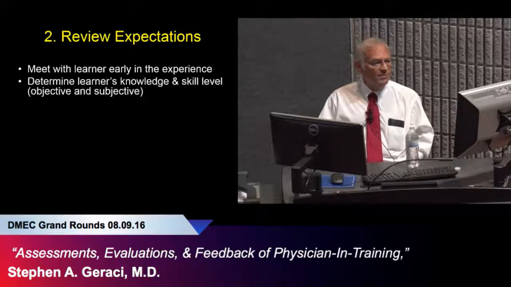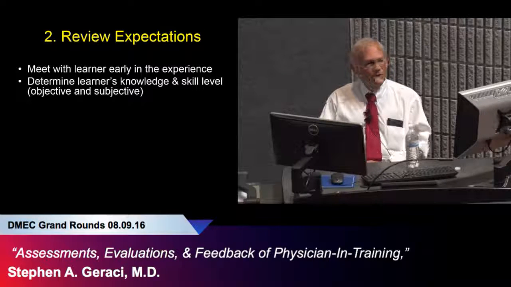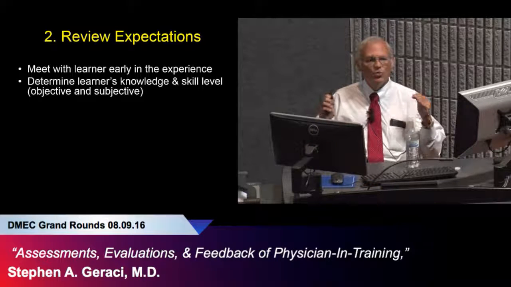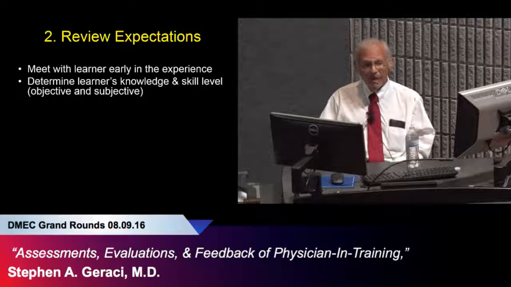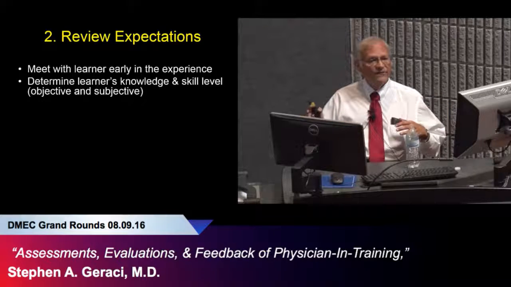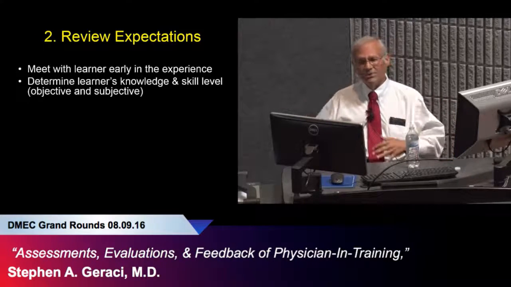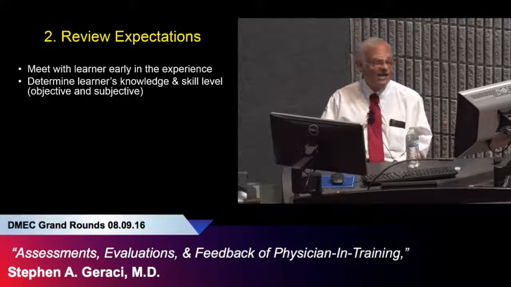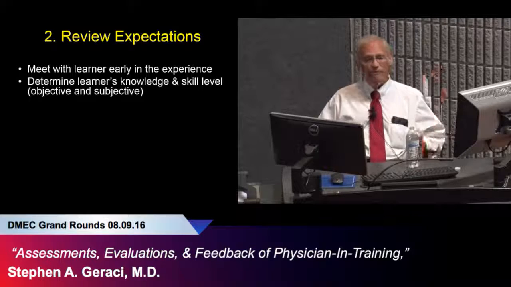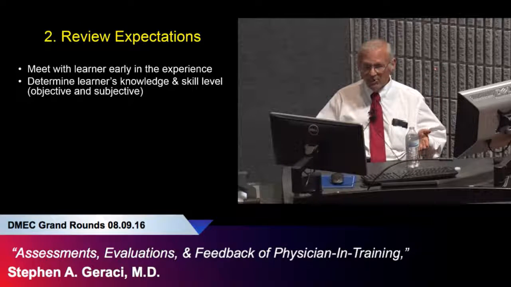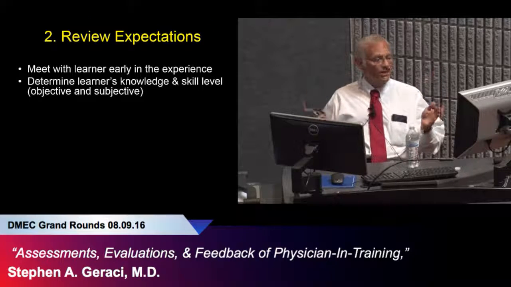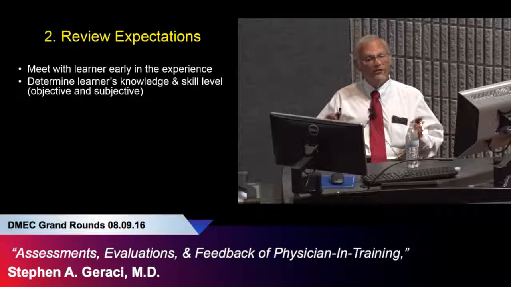Going through the expectations. Part of what you do also in the beginning is you are trying to determine what level your learners are operating on. And we went through some of the reasons on how your feedback should be different to different individuals depending upon their personality type or their stage of training or even time in that academic year. But your expectations are going to be different, and you might want to even express that to some of the learners at the beginning. "Look, I know you're a senior student. I know you're headed for an OBGYN residency. I want you to focus on the things and learn about the things that are going to be relevant to your eventual practice.